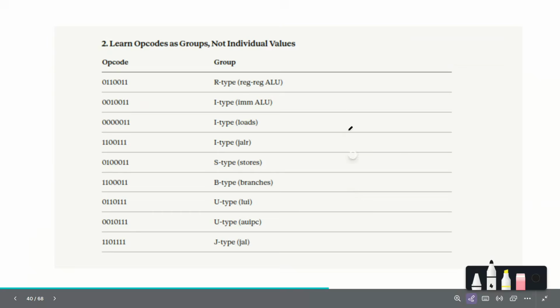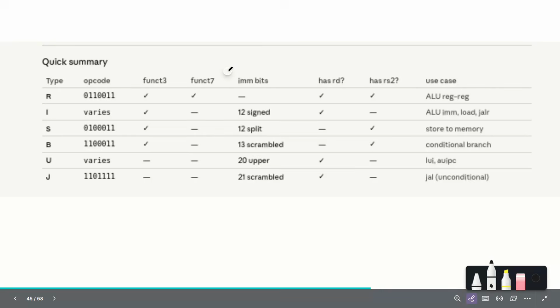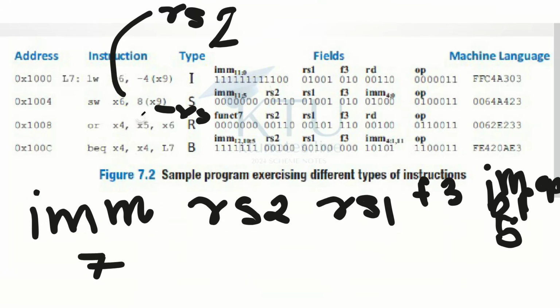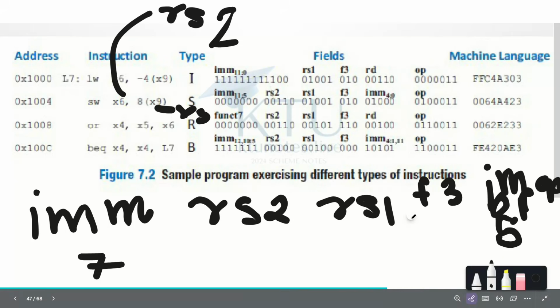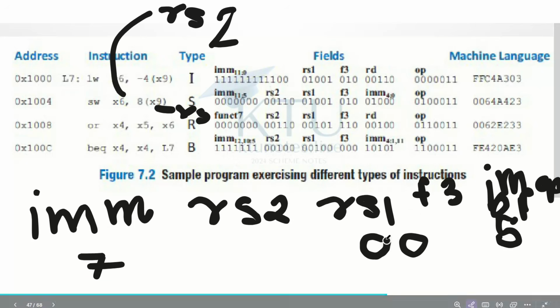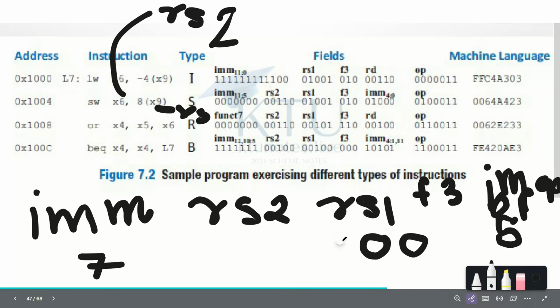Now if you come to this question, the immediate value is 8. So the first 7 bits are here and later, 8's value is what? 0001 is 2 raised to 3, yes, it's 8, right? 0001 is our 8.